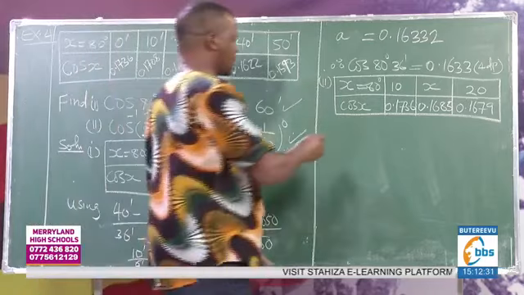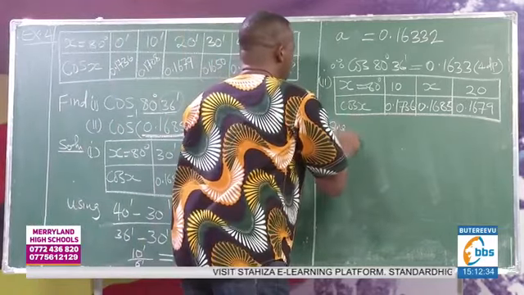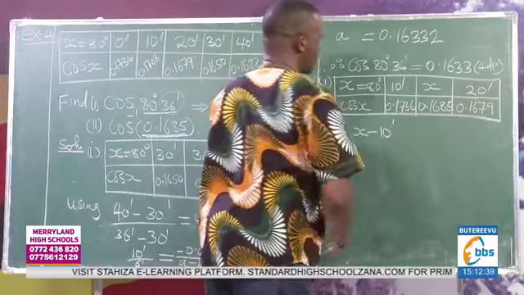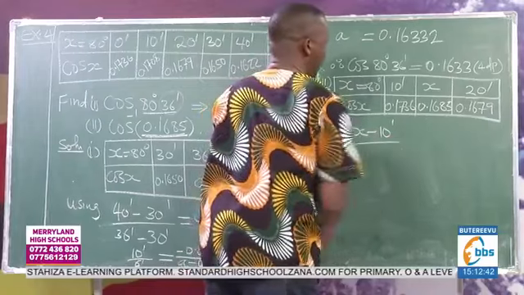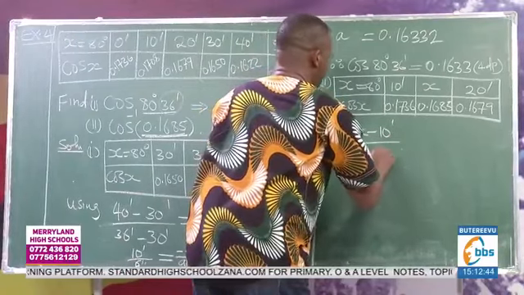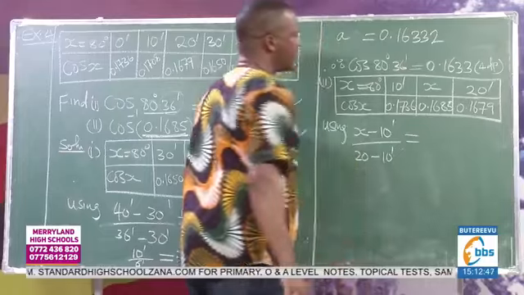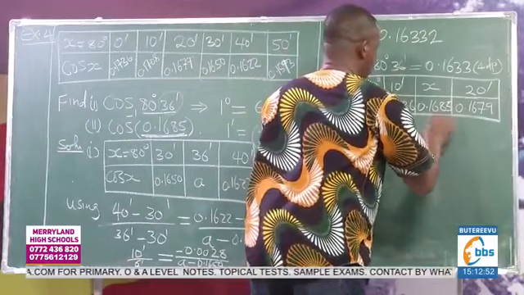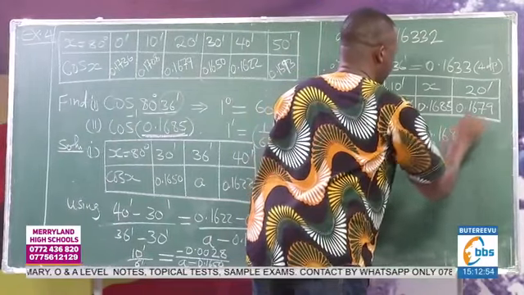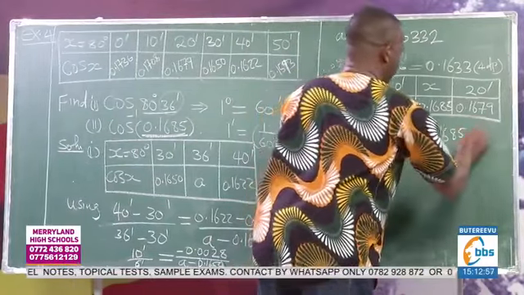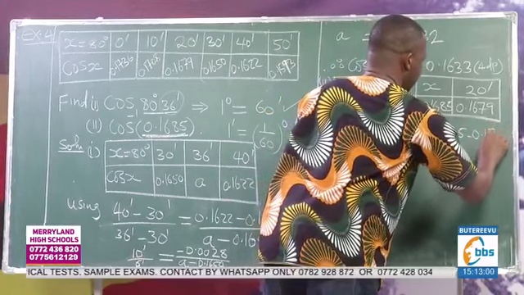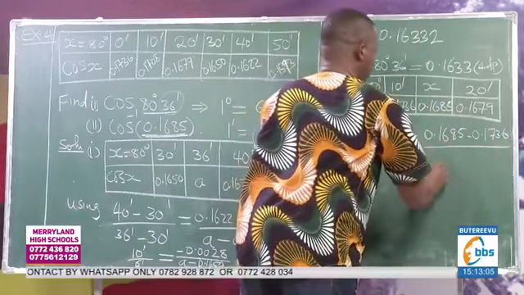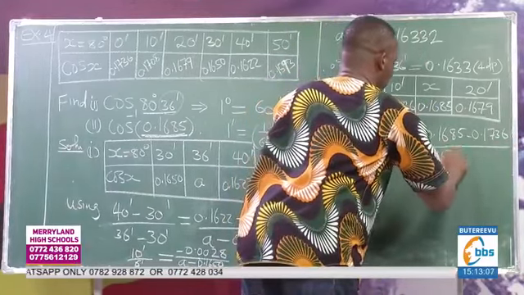That if I have called it x, I will use, say, x minus 10. These are degrees, these are minutes. So x will be in minutes. Over 20 minus 10. X minus 10 over 20 minus 10 can be the same as our 0.1685. We take away the 0.1736 and divide it by the value on the 20, 0.1679.